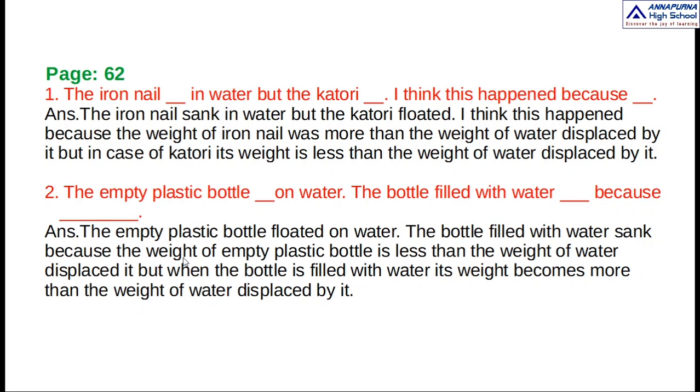That is the reason. That means the empty plastic bottle will float on water because it is less in weight. But when the bottle is filled with water, it will definitely sink in water, because its weight becomes more than the weight of water.